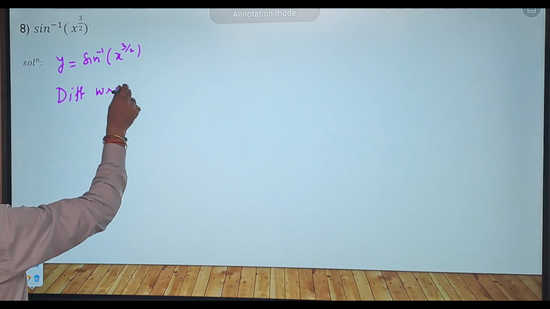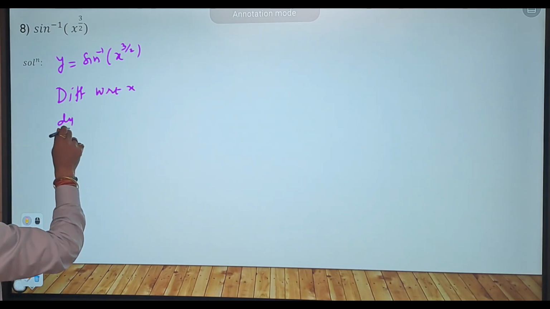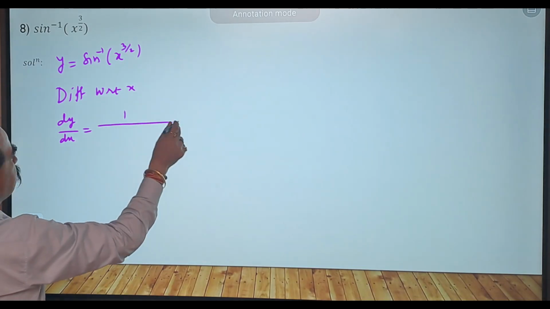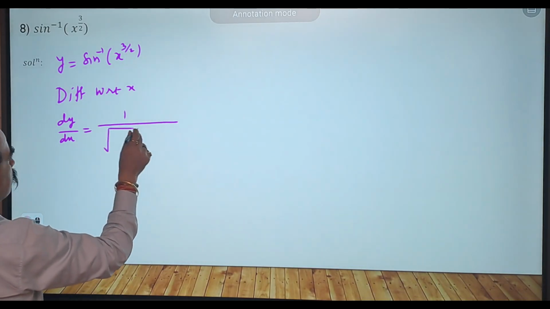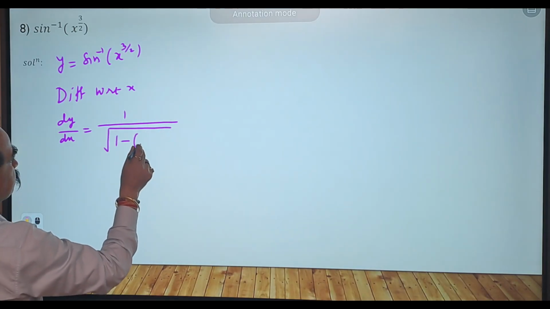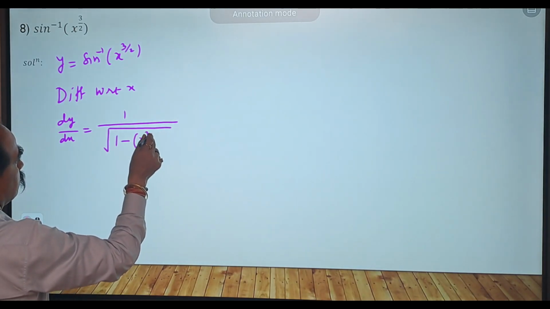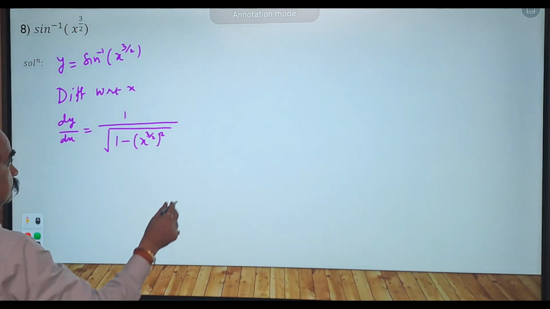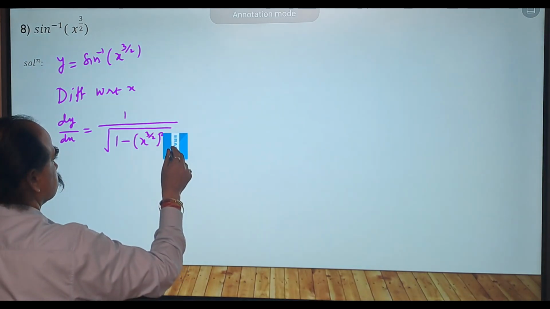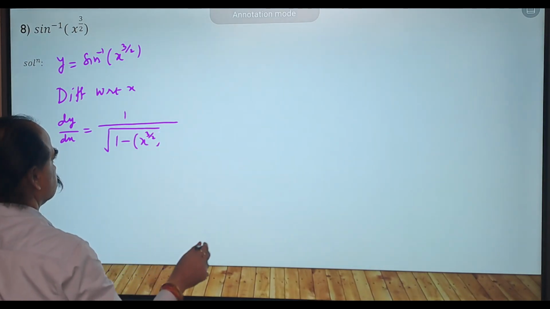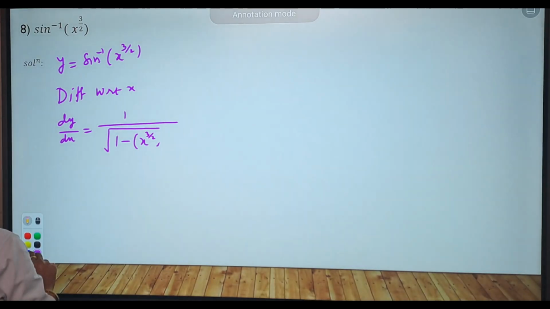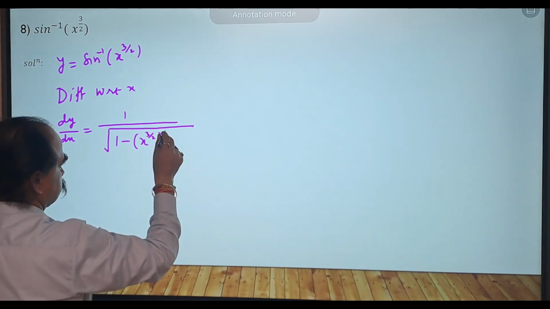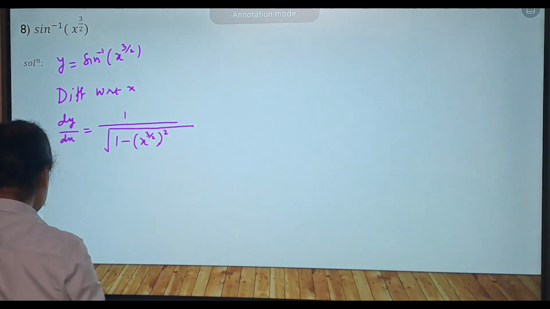Differentiating with respect to x. Derivative of sine inverse is what? 1 minus x raised to 3 by 2 square into derivative of x raised to 3 by 2.